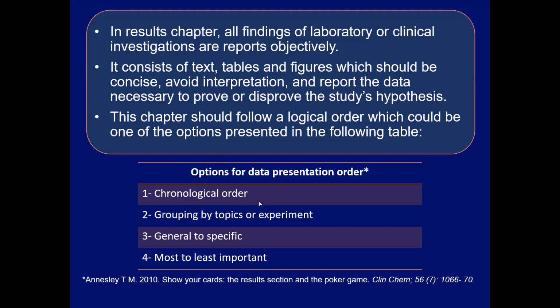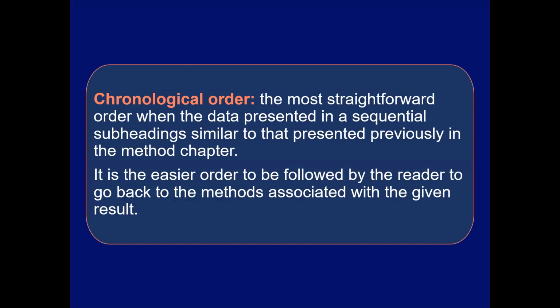to present your data successfully. Regarding the chronological order, it is the most straightforward and the most commonly used one, when the data is presented in sequential subheadings similar to those presented previously in the methods chapter.